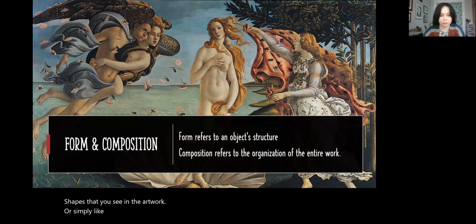Is somebody centered, like Venus is in the center? Is there a balance of figures on both sides? And where's our eye going? Do we stay in the center? Does our eye move from side to side horizontally? Are we changing focus vertically, perhaps looking up and down? All of that is what the artist has thought about in terms of composition.